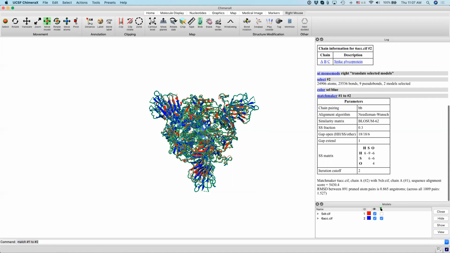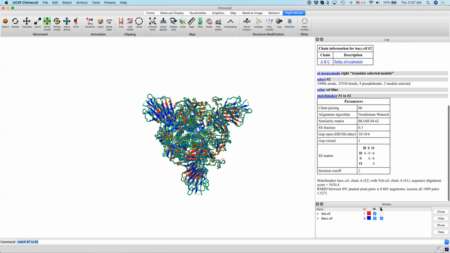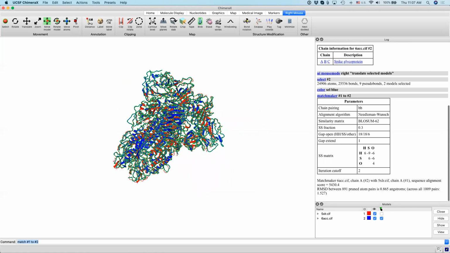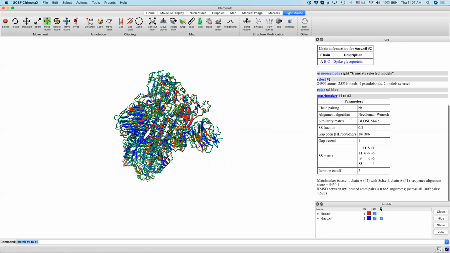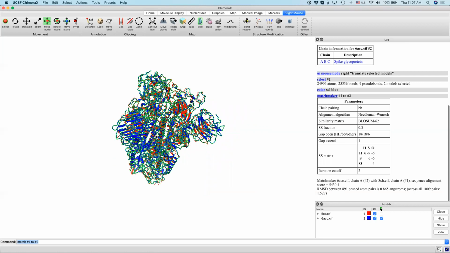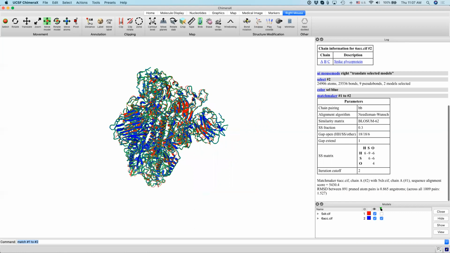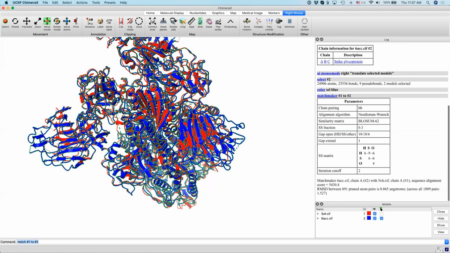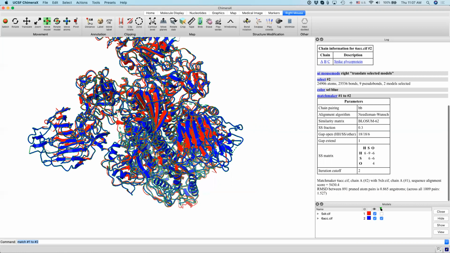Okay, and what do we have? We have the two sequences aligned to each other, and we can now take a look at how they compare, what areas overlap completely and what areas do not overlap very well.